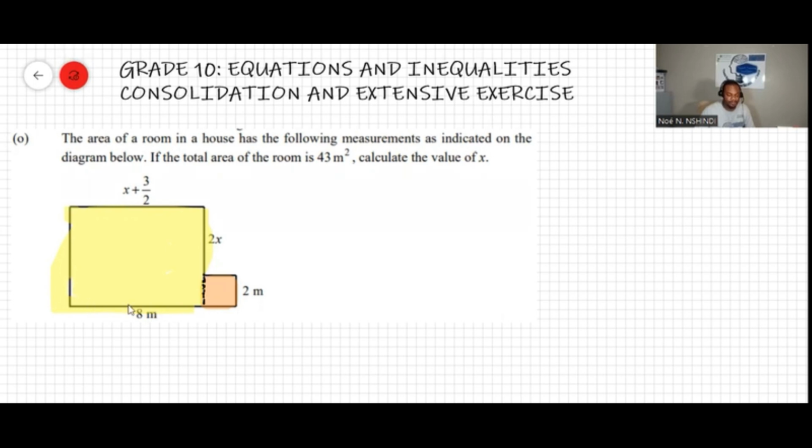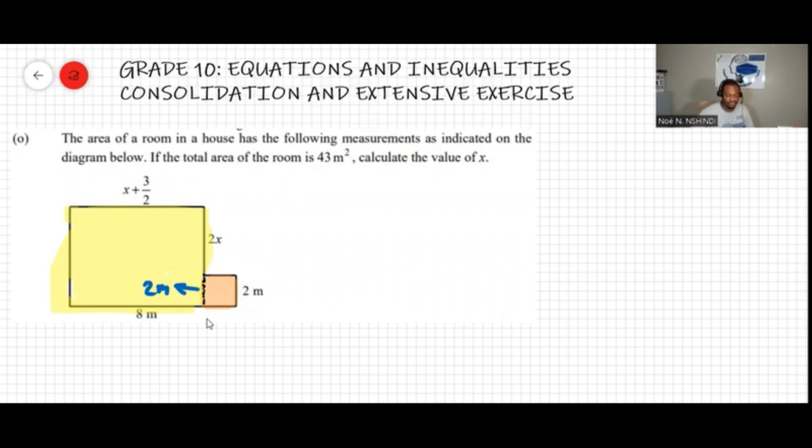So if this part is x plus 3 over 2, this part also will be x plus 3 over 2, on only the yellow parts. Now on the other side, if this is 2x and this is 2 meters, we understand that this part is also 2 meters. So it means 2x plus 2 meters.